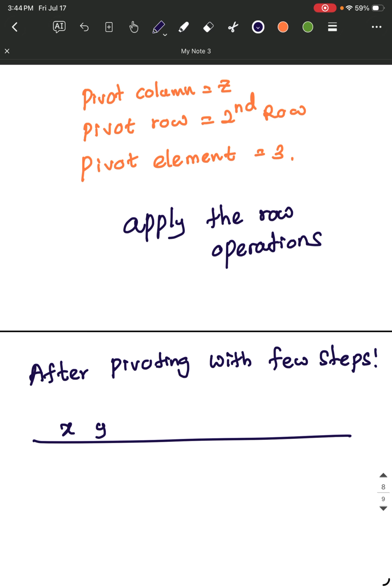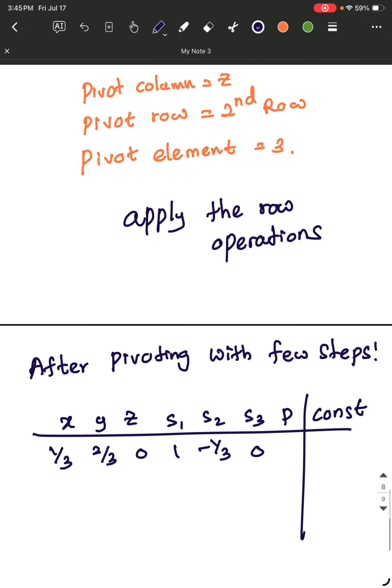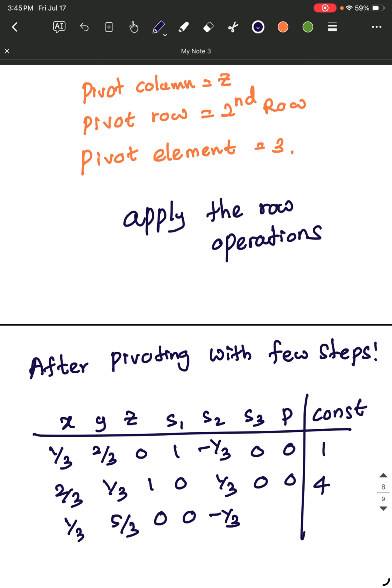we will get x, y, z, s1, s2, s3, p, and the constant. 1/3, 2/3, 0, 1, negative 1/3, 0, 0, 1. 2/3, 1/3, 1, 0, 1/3, 0, 0, 4. 1/3, 5 over 3, 0, 0, negative 1/3, 1, 0, 4.